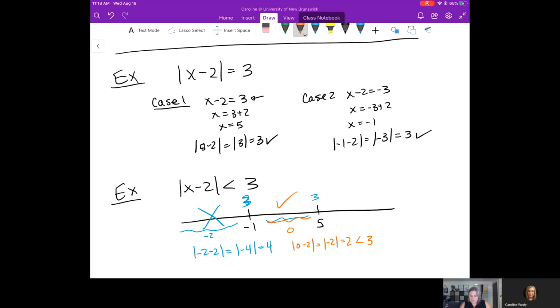Yes, that works. And then over here, if I try a bigger number, say 10, in this interval, 10 minus 2 in the absolute value brackets is 8, and 8 is bigger than 3, so this one does not work.